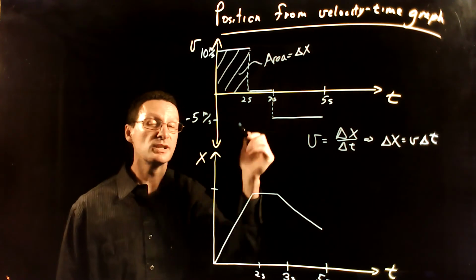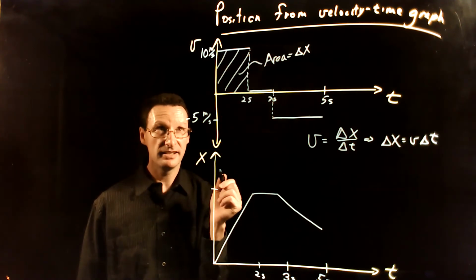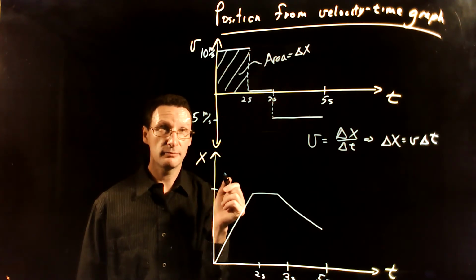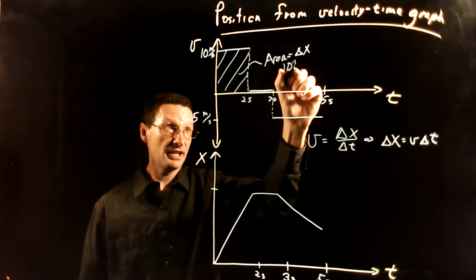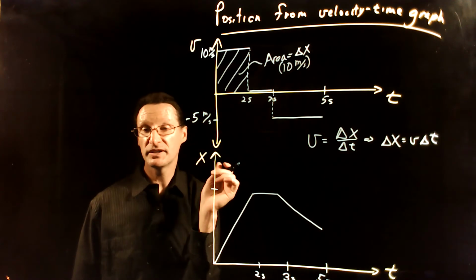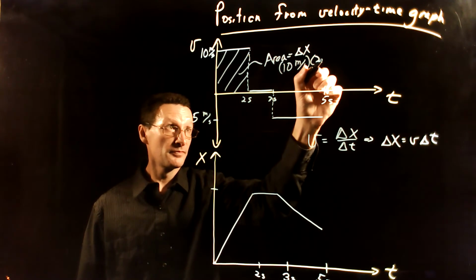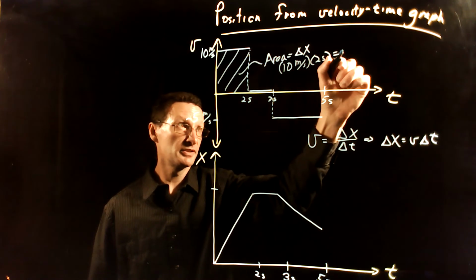Okay, so let's find the area underneath this curve. This shape is a rectangle, so the height is positive 10 meters per second. I'm going to multiply that by the width here, which is 2 seconds. And so I get 10 times 2, which is trivial, it's 20.